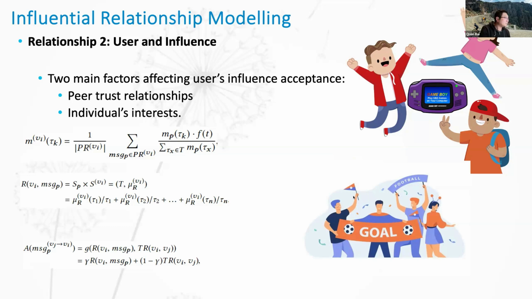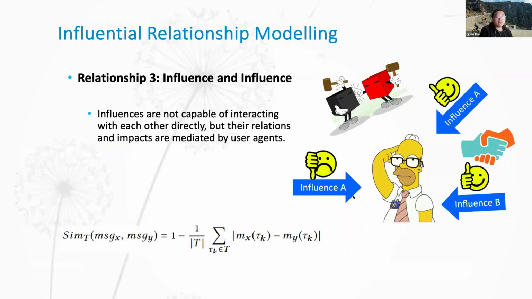We also consider the relationship between different messages, because some messages can be in the same topic but are actually quite against each other. For example, someone may say, I want to support the Chicago Bulls. But someone else wants to say, I actually want to support another NBA team, for example, the Lakers.